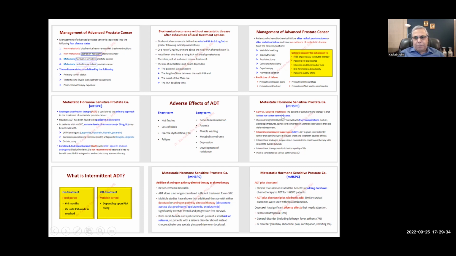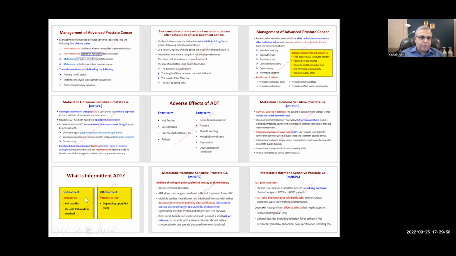Then in metastatic hormone sensitive cancer, should we start the treatment immediately or should we wait? The answer is that if we start the treatment immediately, that has more benefits, or it is more advantageous than starting the treatment at a late stage.